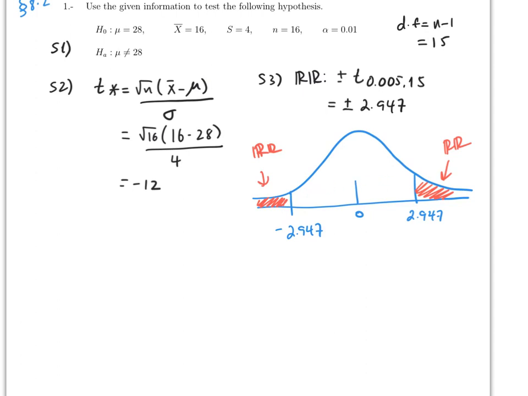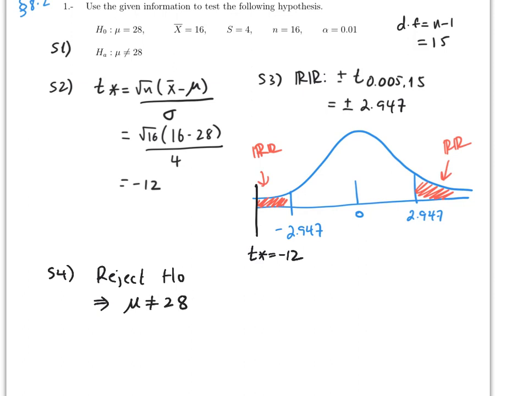In our case, T star is negative 12, which is clearly in the rejection region. So then for step 4, the conclusion is to reject H0, which implies mu is not equal to 20A.